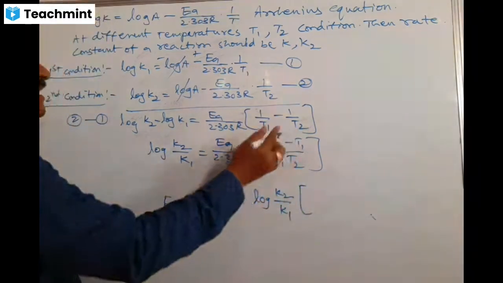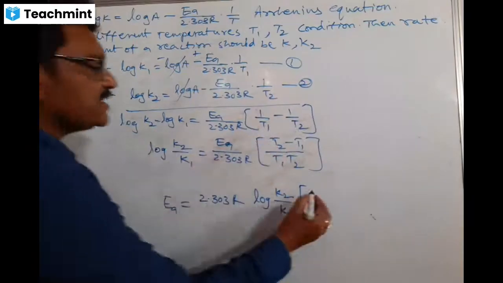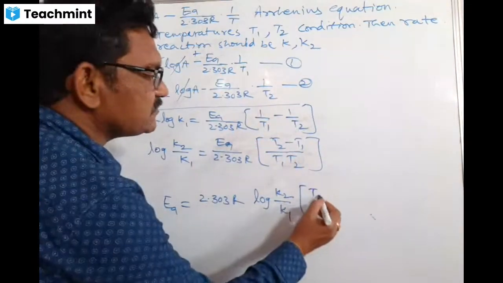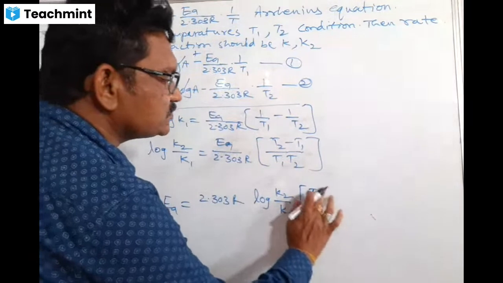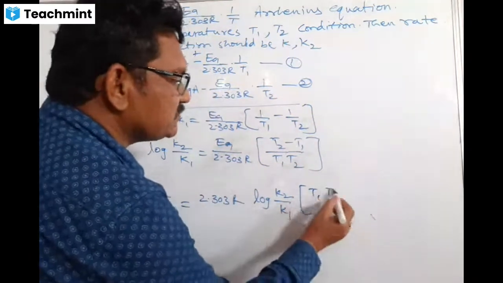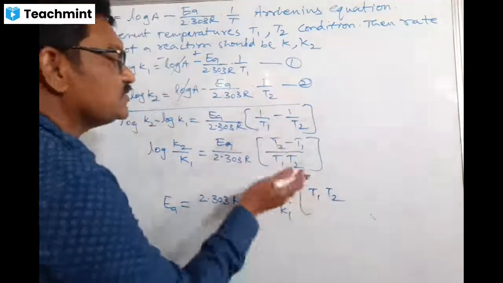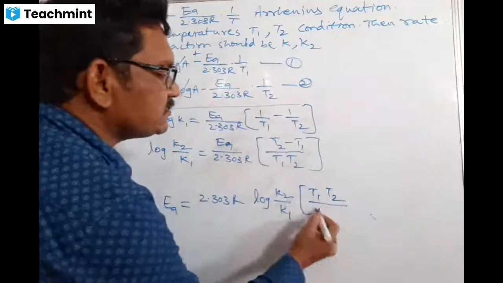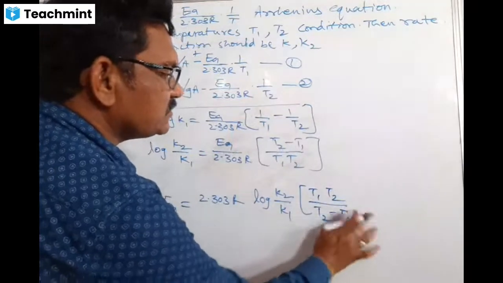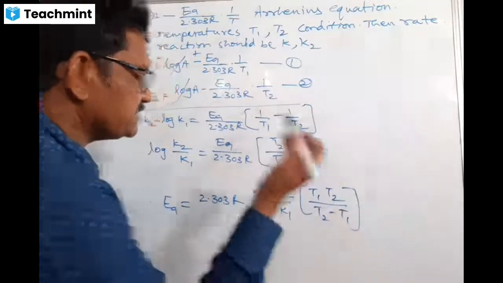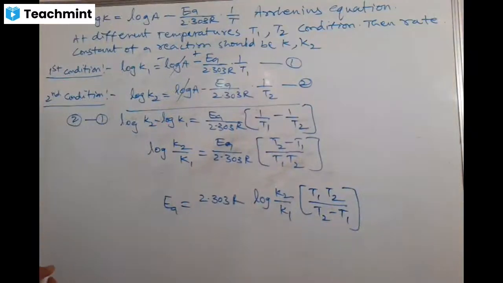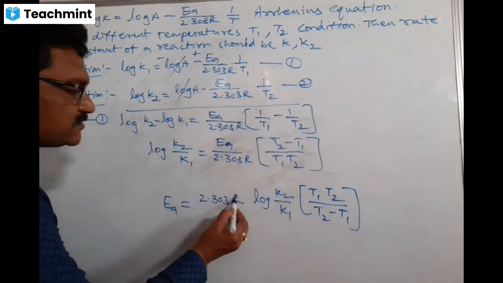Here, this factor comes to this side. What happens? It is interconvertible. T1, T2 should be reversed. Here, T1 T2 comes to the numerator, and T2 minus T1 comes to the denominator. So this is the equation.